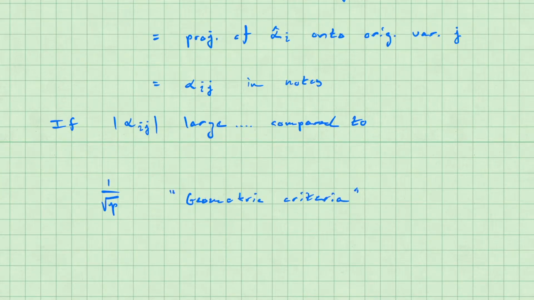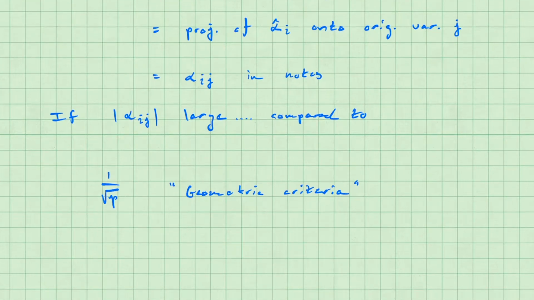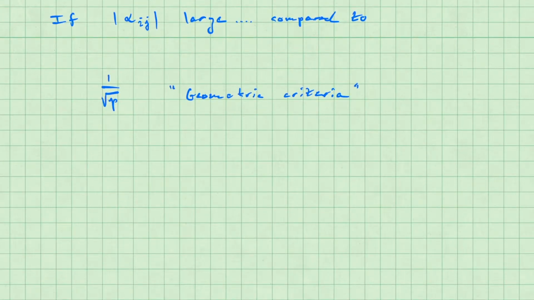In other words, that's the scale for what qualifies as big for these components. Or the other one was Mardia's criteria, and that was 70%, so 0.7 times the largest of the components of that particular vector. This one was called Mardia's criteria.